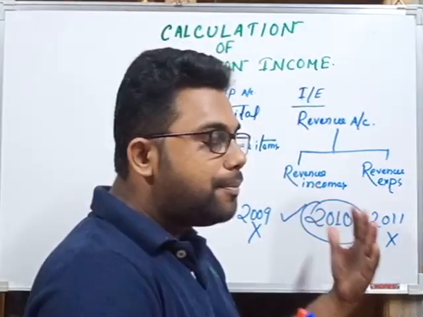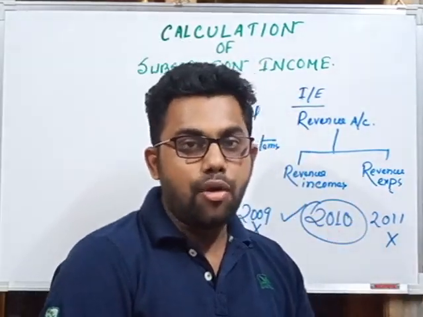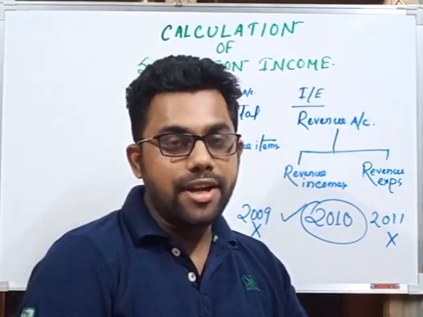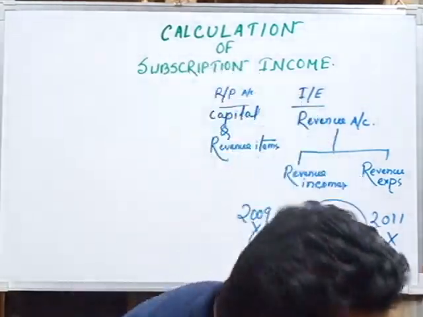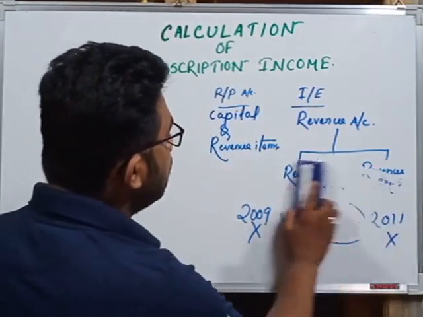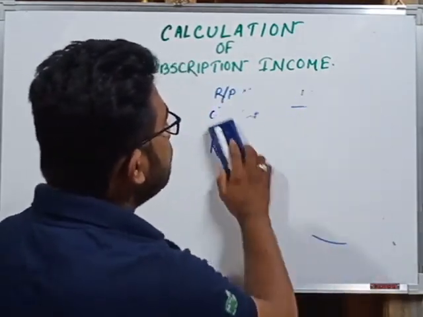So while preparing income and expenditure account, we have to adjust various information. One example I am going to discuss today is the calculation of subscription income.